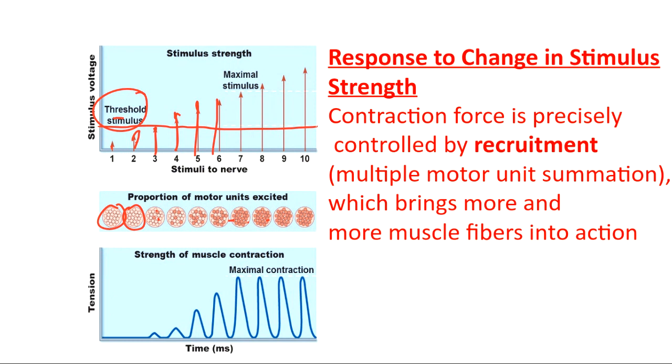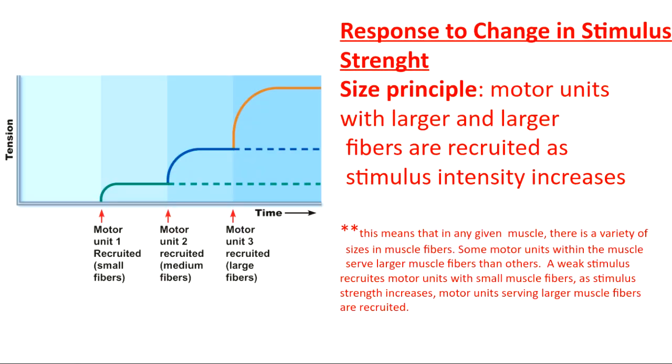So what that means is that as we create a stronger and stronger stimulus, more and more motor units are going to be recruited into contracting, creating more and more strength of contraction. And again, we do this all the time when we're trying to lift something heavy.